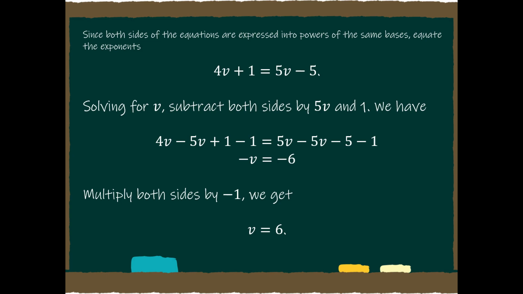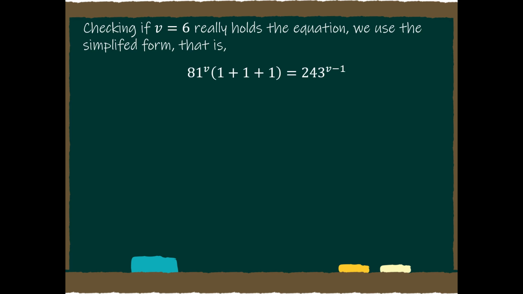Now that we have the value of v, it doesn't mean that we have to end here. We have to check if this 6 is really the value of v in the given equation. Now, in checking, we do not have to use the original equation.